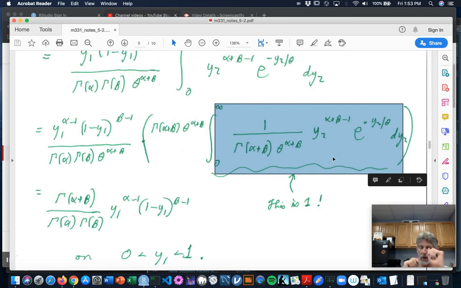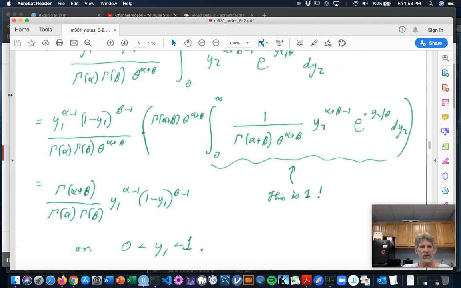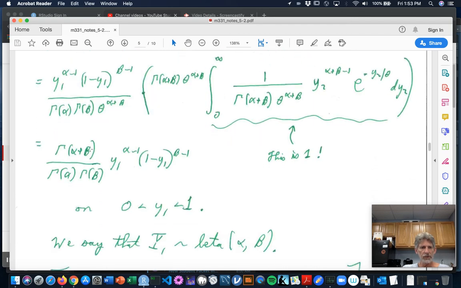So it must be 1. Wow. And so the only stuff left is this stuff, and there's some cancellation to help us out. And we come to this kind of nice, symmetric looking thing.